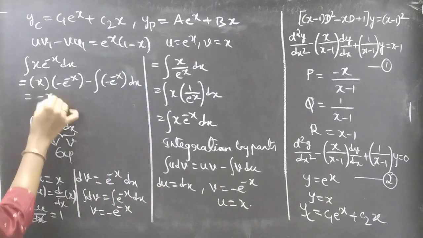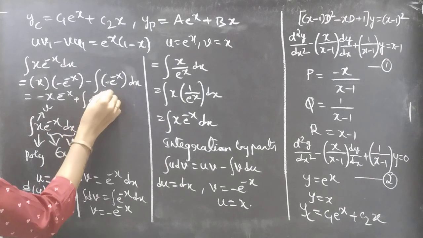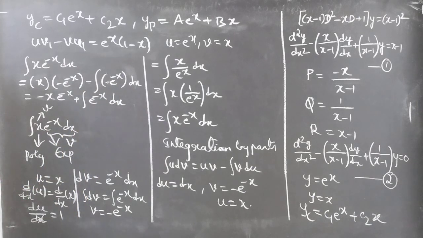This equals minus x e power minus x, minus into minus plus integral e power minus x dx, right?